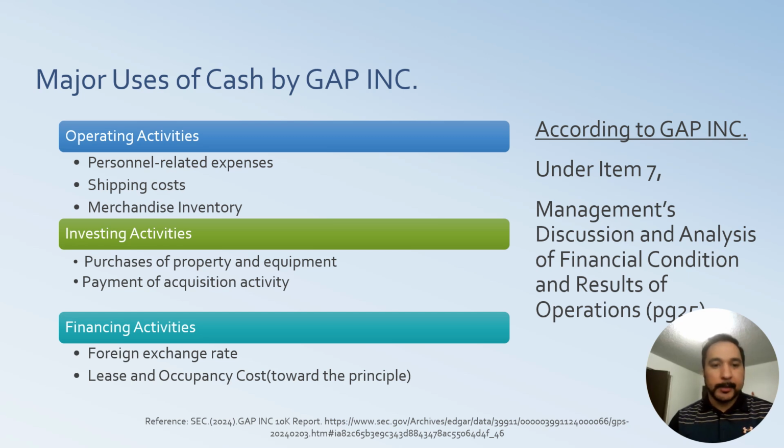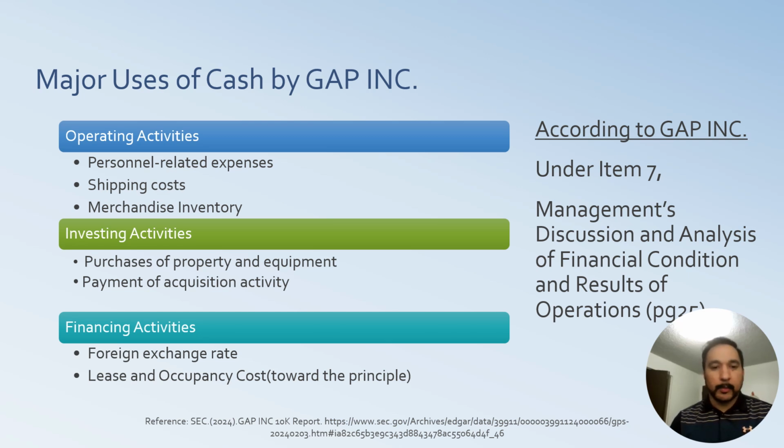Investing activities will include purchases of property and equipment and payment of acquisition activities. And that's going to be pertaining to Gap purchasing other companies or merchants, etc.